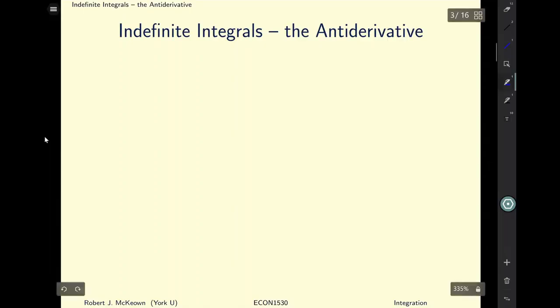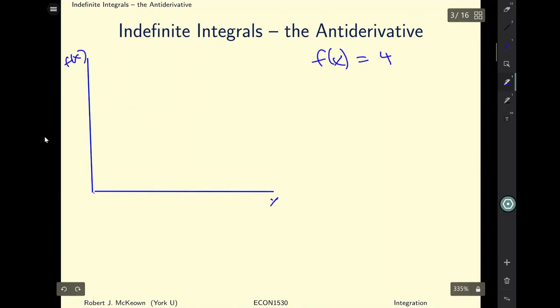So suppose that we have a function f of x which is equal to 4. If I was going to draw that on a diagram, it wouldn't be very exciting. On the y-axis, I have f of x. I've got x on the x-axis.